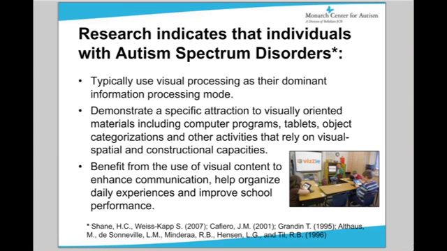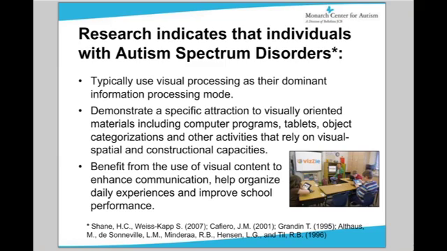Why are visuals so important? The research indicates that individuals with autism spectrum disorders are driven visually. Their dominant mode of processing is visual processing. They understand visual language. So when we present information visually, we're capitalizing on the individual's strength, which is visual processing.